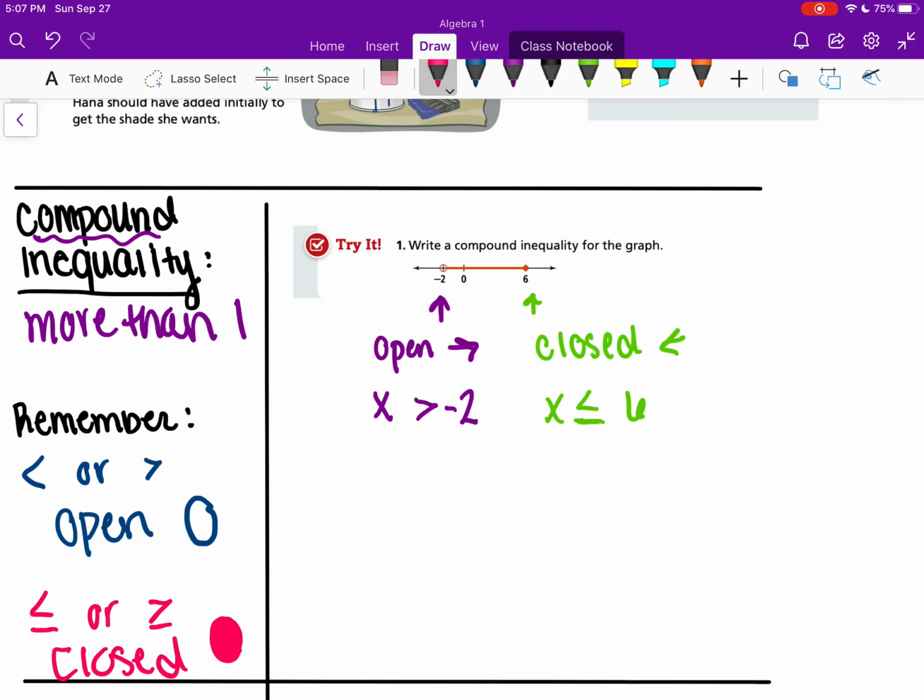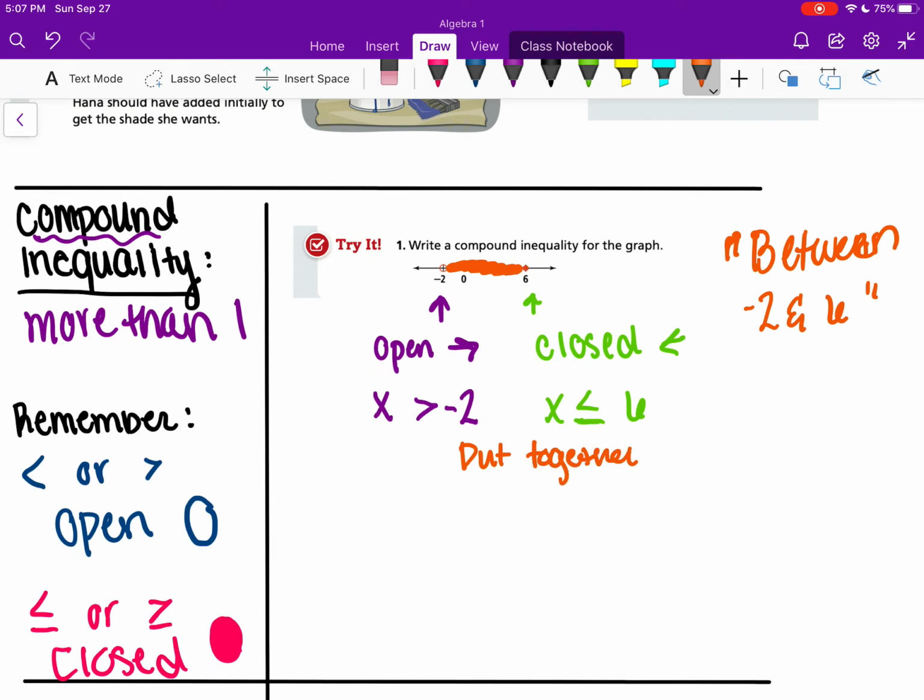If we look at this graph, we see that we are shaded between -2 and 6, the numbers between -2 and 6. So when I want to write a compound inequality, I'm really just going to put both of these together and write it as just one inequality.